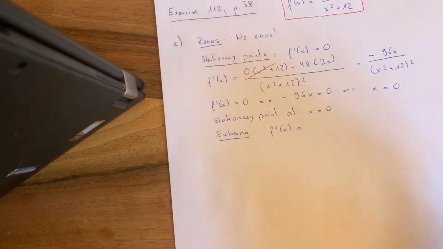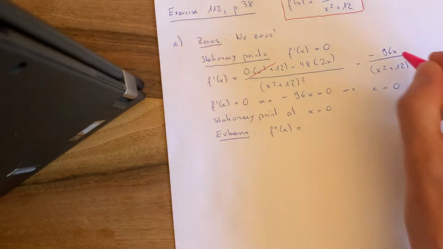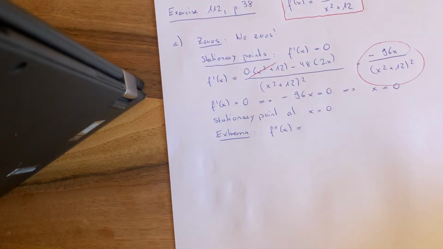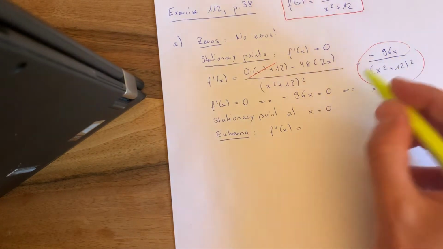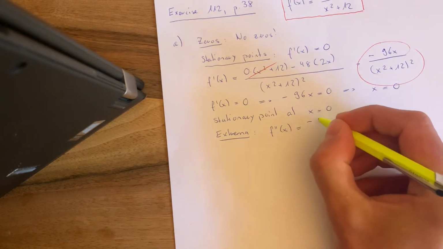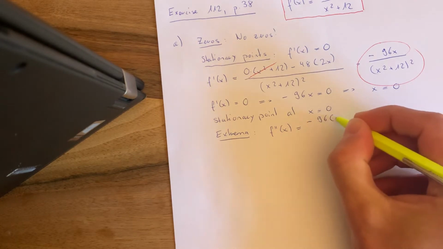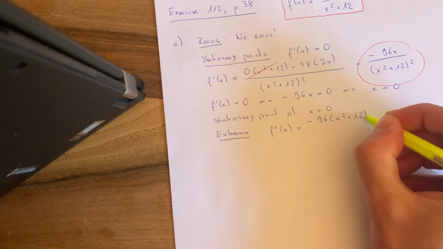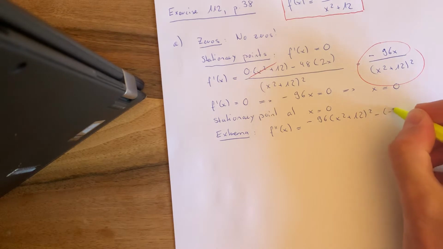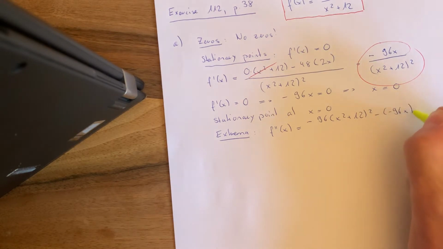f double prime of x equals, well, here we have f prime. So once again, it is a quotient, so we need to apply the quotient rule once again, taking the derivative of the upper part, which is minus 96, times the lower part, minus the upper part, times the derivative of the lower part.